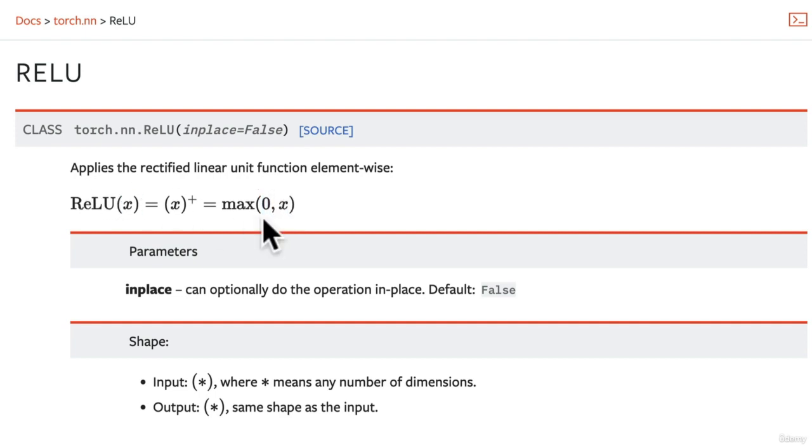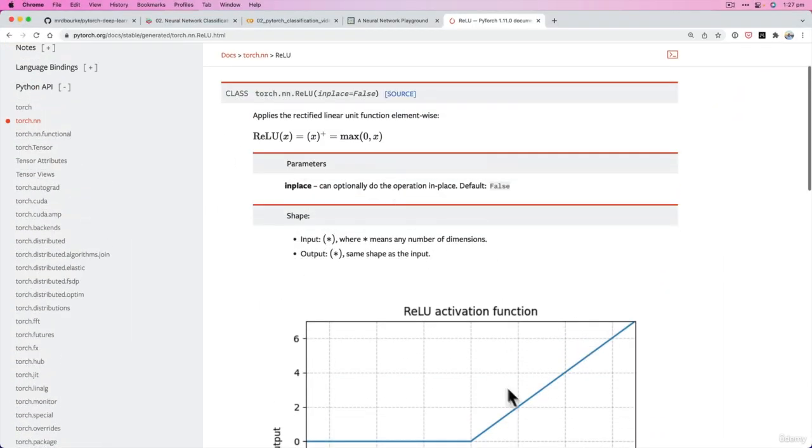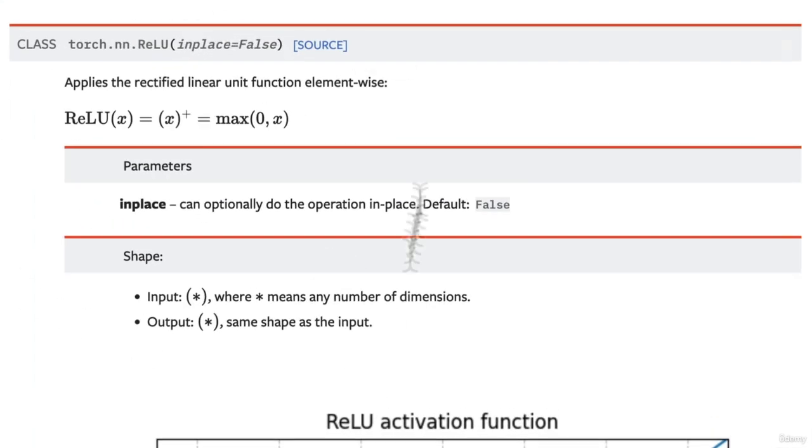It takes the input and takes the max of 0 or x. And so when it takes the max of 0 or x, if it's a negative number, 0 is going to be higher than a negative number. So that's why it zeroes all of the negative inputs. And then it leaves the positive inputs how they are, because the max of a positive input versus 0 is the positive input. So this has no parameters to optimize.